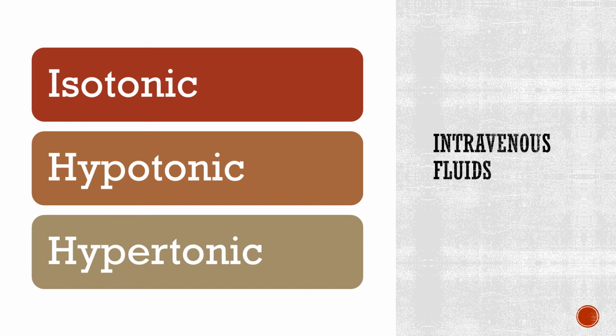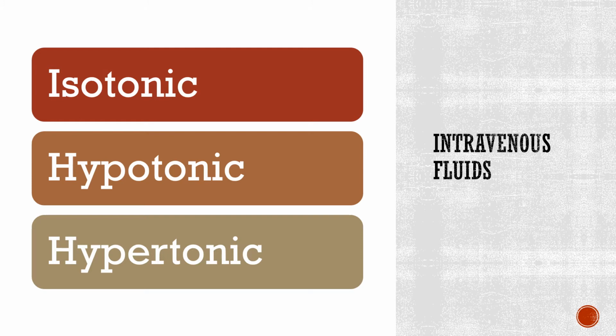Okay, so when we talk about intravenous fluids, we're talking about these three different categories. We've got isotonic, hypotonic, and hypertonic. So isotonic is the one that most closely mimics the fluids that are found naturally in the body. And the most common one is just NS, normal saline, which is 0.9% sodium chloride added to water.